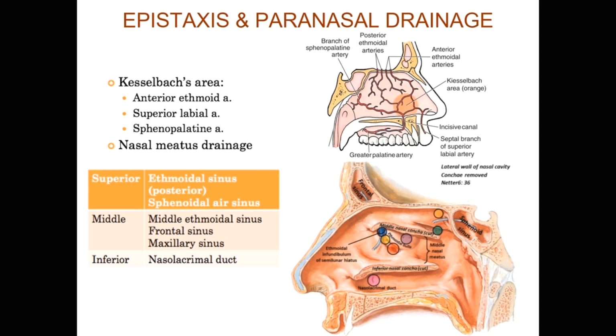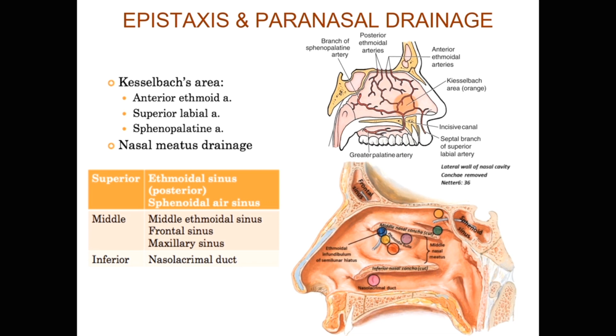Now the posterior is more involved and requires blocking. You need a procedure to be done to stop posterior bleeding because it bleeds more, but that's going to be mainly from different branches of your maxillary artery or the sphenopalatine. So that's really the only importance as far as epistaxis: the anastomosis at Kesselbach's and the branches off your maxillary, as well as your facial too.